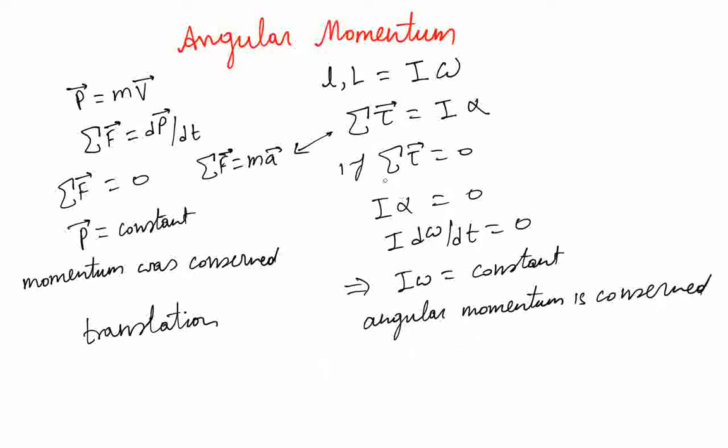So if there is no net torque acting, then the angular momentum remains conserved, similar to the case where if there is no force acting, then the momentum remains conserved.